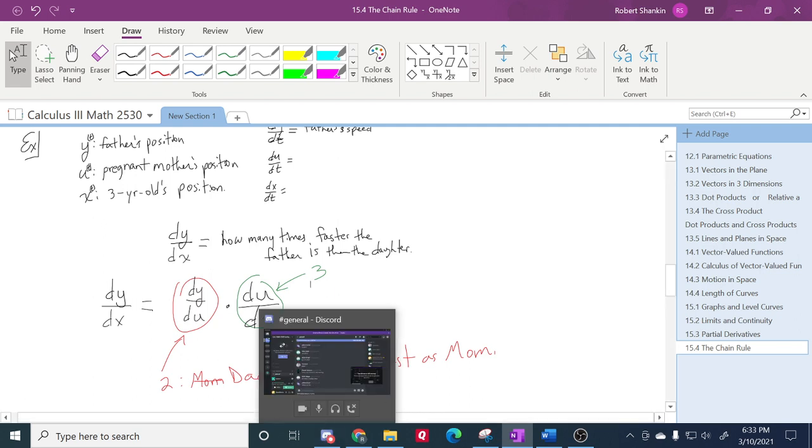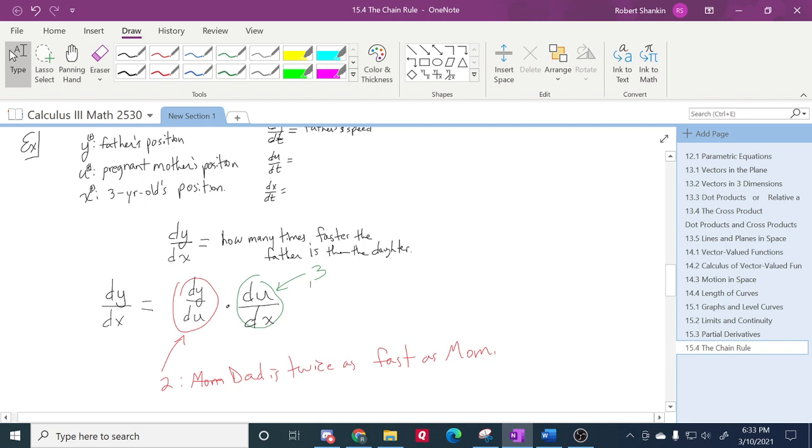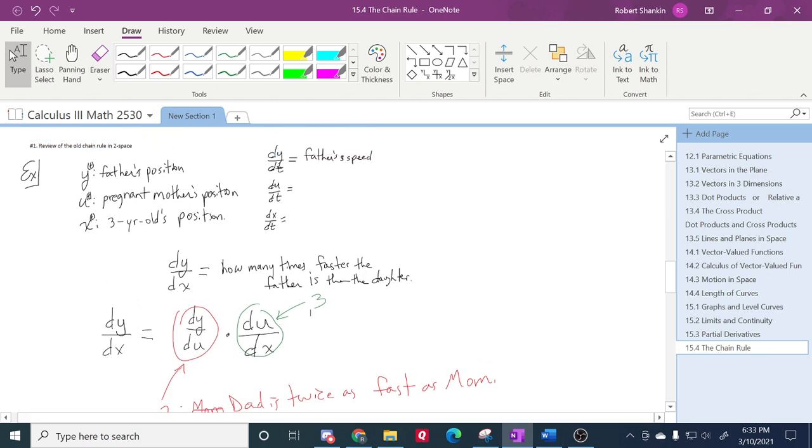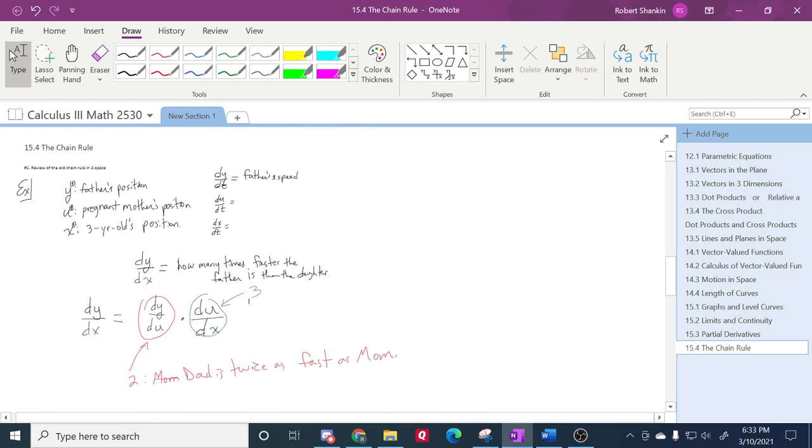Yes. No, not really. Because with the example that you've just given, you've said that we can't directly find how many times faster the father is compared to the daughter.